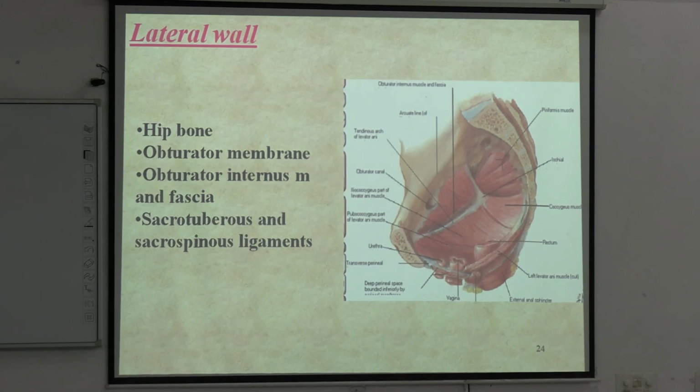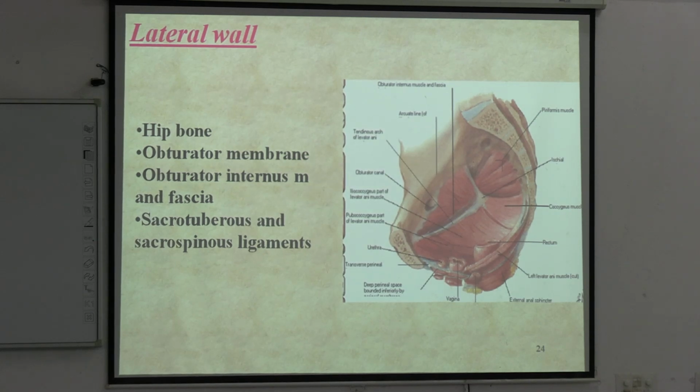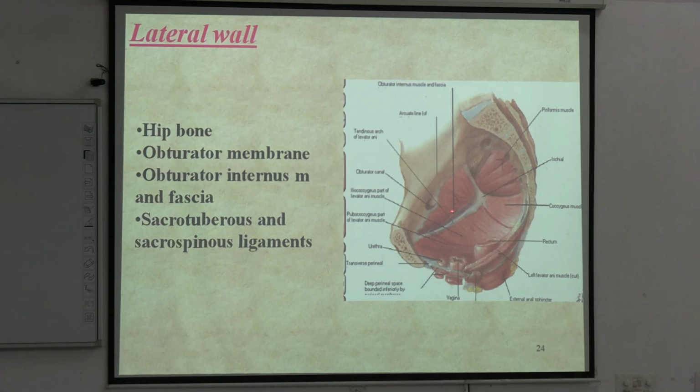We'll see the sacrotuberous and sacrospinous ligaments in detail later. This forms the lateral wall. The obturator internus matters to us because it covers this wall along with the membrane.